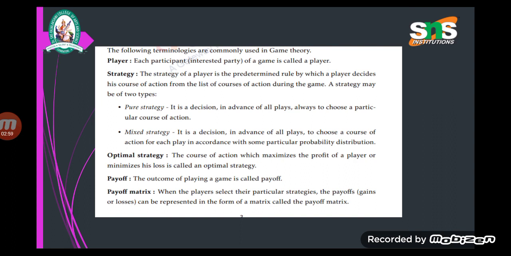In other words, we will call it the value of the game. Here we are going to calculate the payoff by using a payoff matrix. When the players select their particular strategies, the payoff can be represented in the form of a matrix called a payoff matrix. The player will first select any one of the strategies, and the results can be obtained in a matrix format.